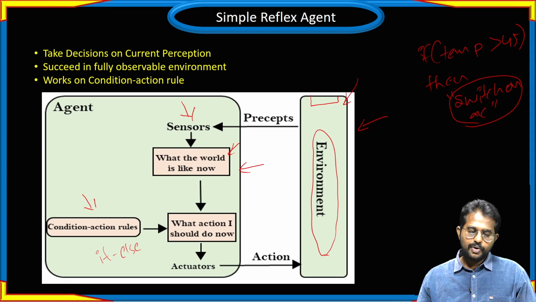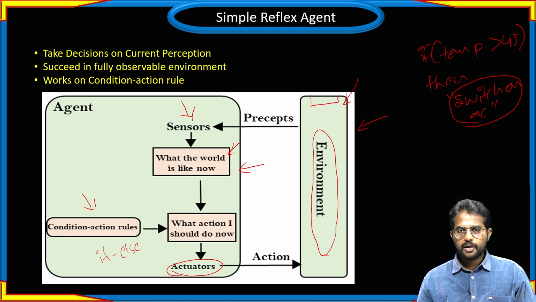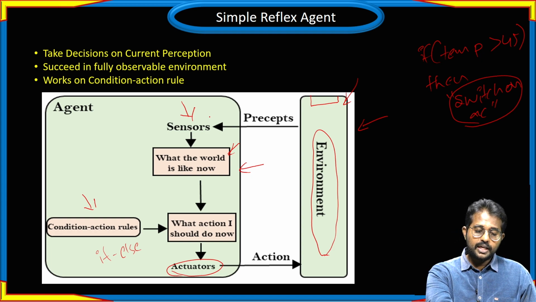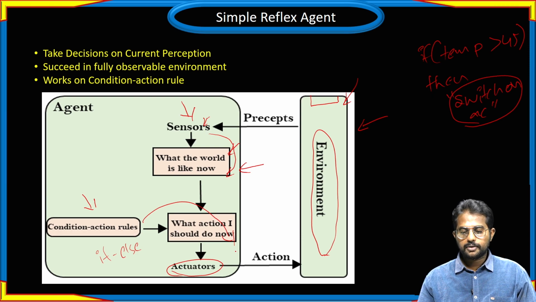These actions will be performed using the actuators. The sensor gets the current perception data, and based on it we think and make a decision, and based on the decision and also using some condition action rules, we take an action. That action will be performed in the environment.